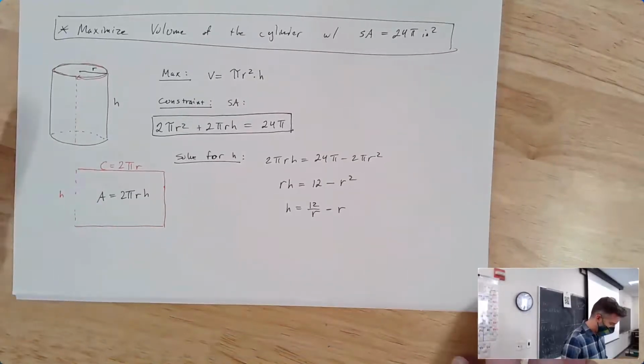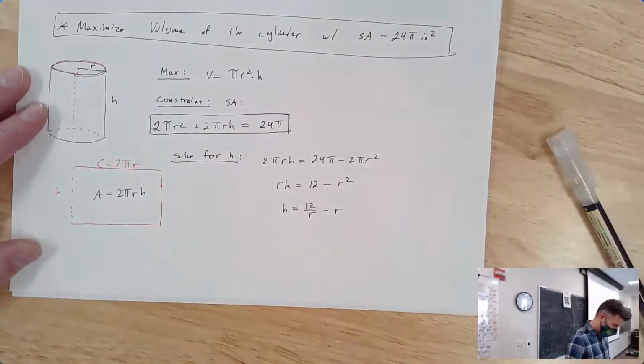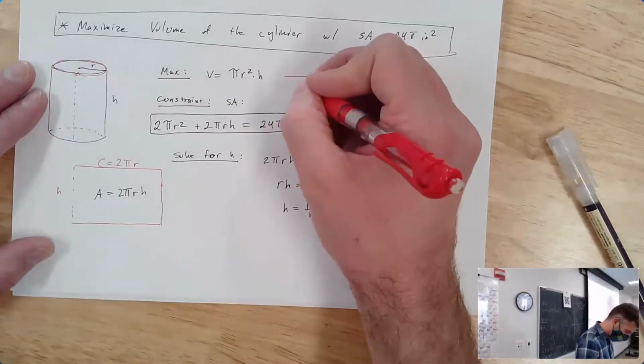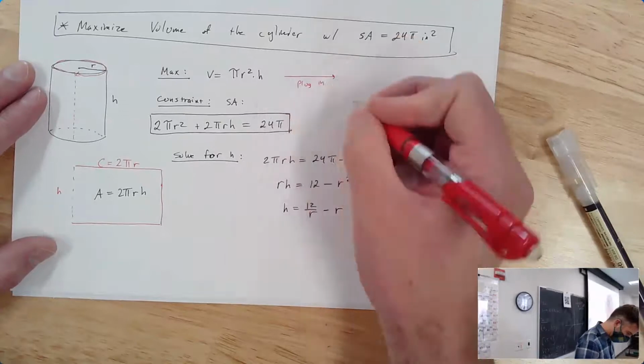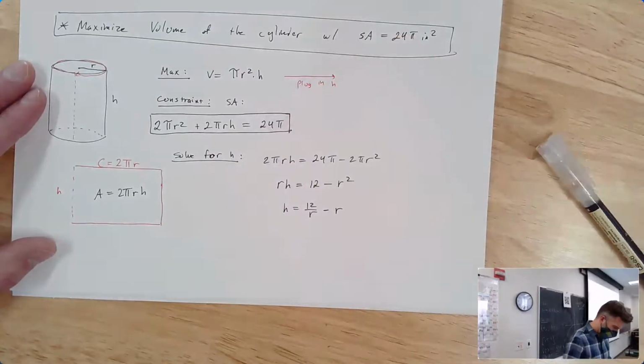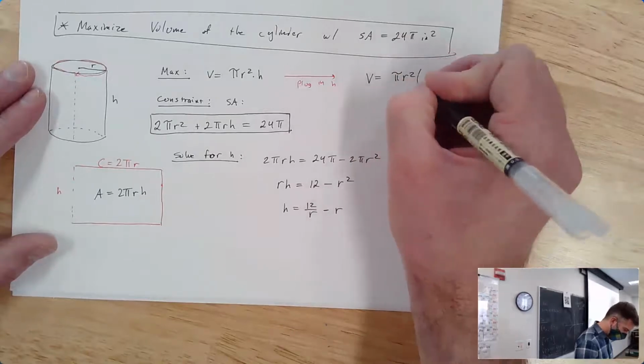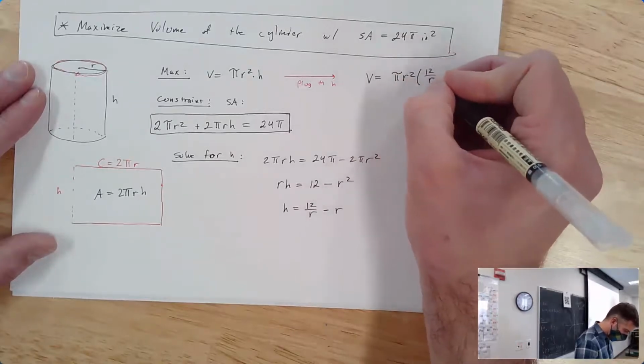Great, let's plug that back in. So now we're going to try to maximize volume equal to pi times r squared times 12 over r minus r.